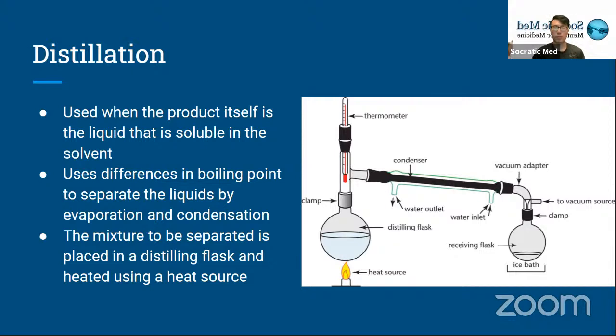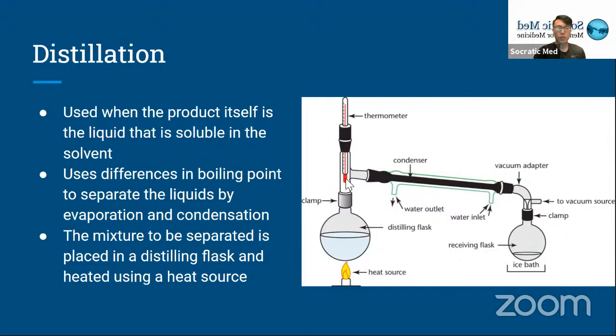For extraction, because the two solvents were immiscible, they didn't mix, so you can see where they separated from each other. But distillation is used when the liquid that you want is mixed in with a different liquid that you don't want. So you have to use distillation in order to separate the two.